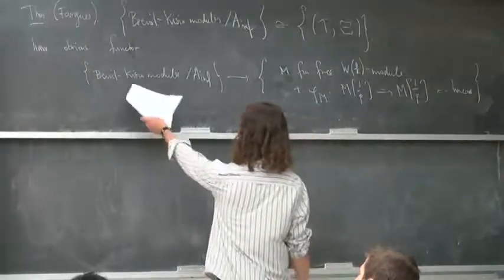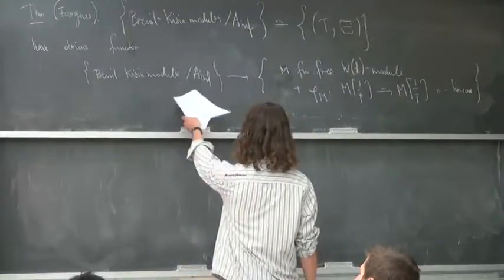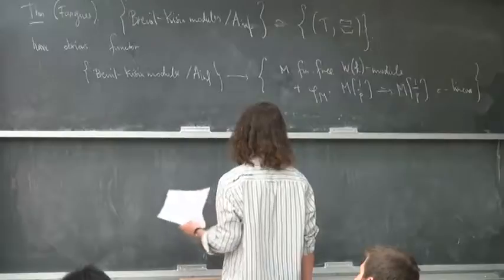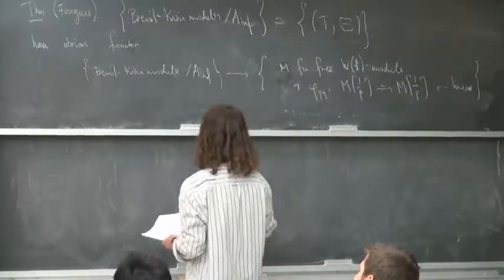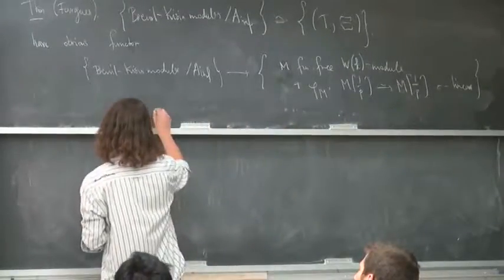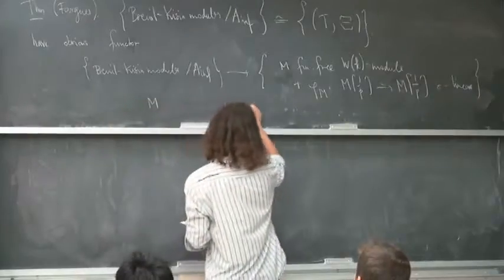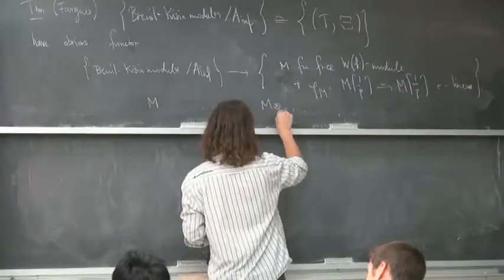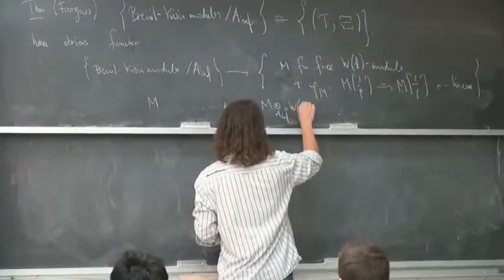Like, if I have Breuil-Kisin modules, phi is not required to preserve the module. It could have some poles. So which just sends a module to this guy.